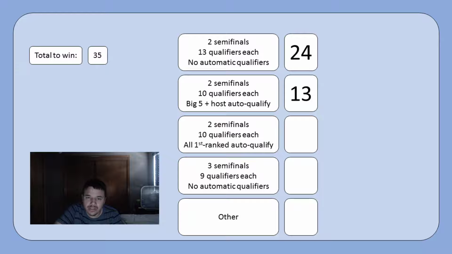The third option, in which all winners automatically qualify, is 15. And the fourth option, in which we have 3 semifinals, the number is 14. And other only has 3.